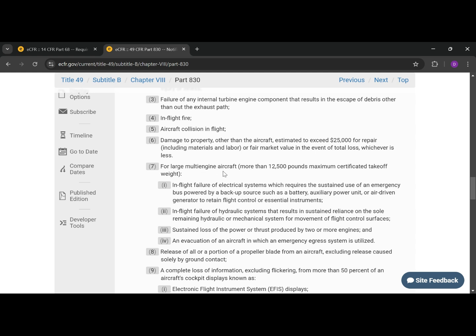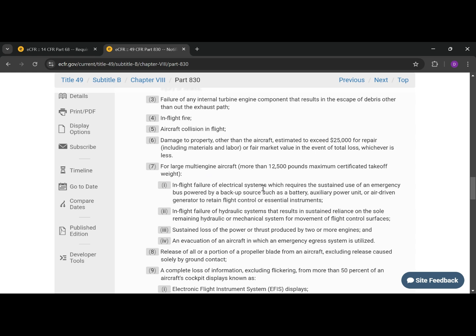For large multi-engine aircraft, more than 12,500 pounds maximum certificated takeoff weight, so this is when you have to notify the NTSB if you're flying a large multi-engine aircraft.